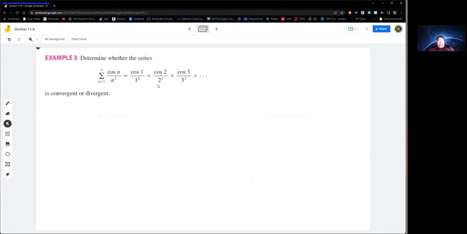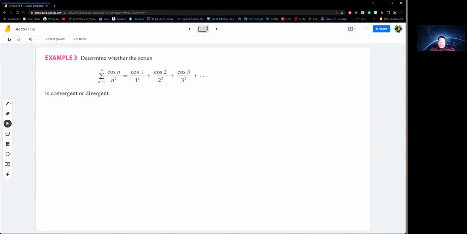So I can't use the alternating series test, which we did on Tuesday. I have to do something else to test it. What we're going to do is look at the absolute value of it, to eliminate having to deal with the positive and negative ones, to see if that could also help me prove convergence.